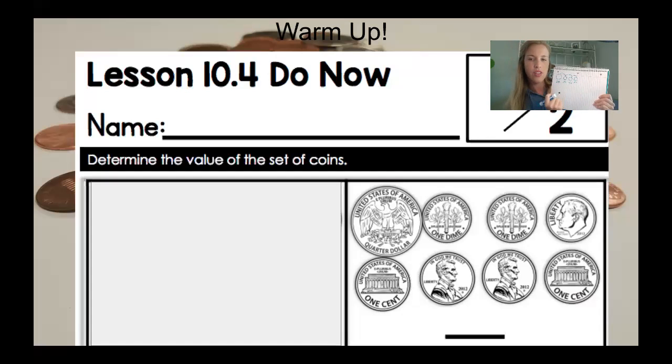So far I have 55 cents worth of coins in front of me, but we haven't added our pennies yet. 1, 2, 3, 4 pennies. That equals 4 cents. So let's do that counting together. 55, 56, 57, 58, 59 cents. So our total value of coins on the screen is 59 cents.